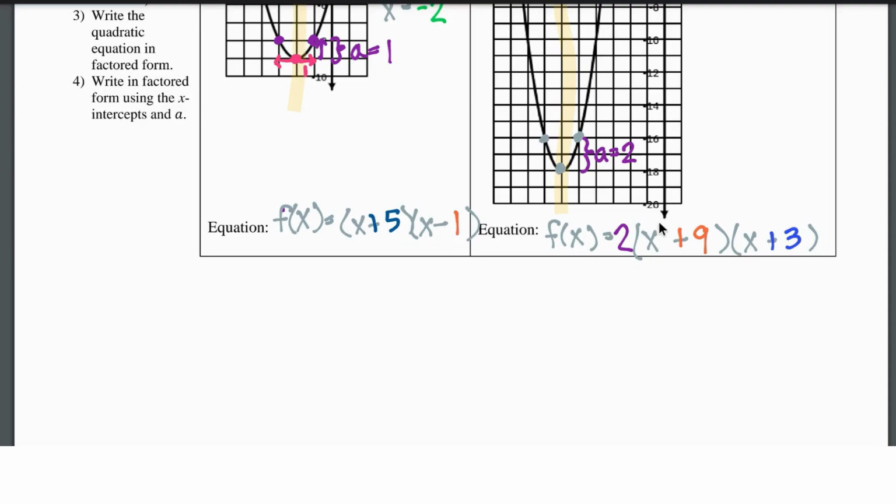Remember that the 2 should always be first, but the x plus 9 and the x plus 3 can be switched, and you would still be correct as long as they're both sums. And then same thing with the other one. I can write x minus 1 times x plus 5, but I can't switch the plus and the minus between the 1 and the 5. Okay, so that is graphing using factors and then taking an equation and writing it back into that intercept form.